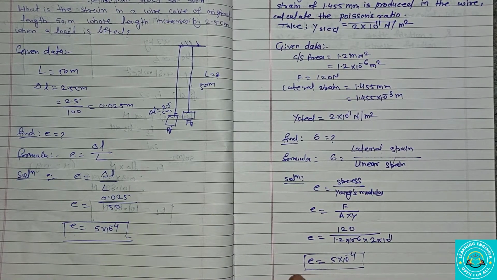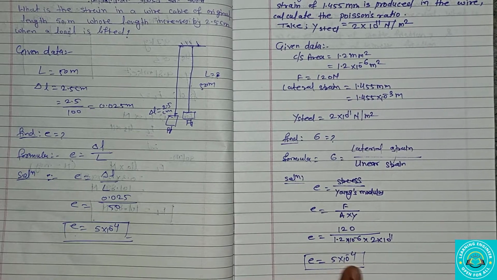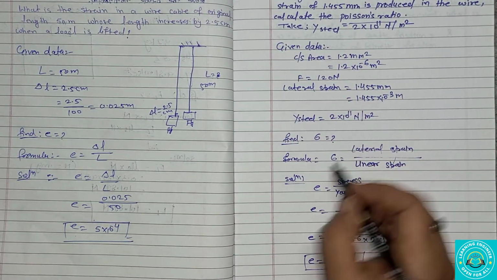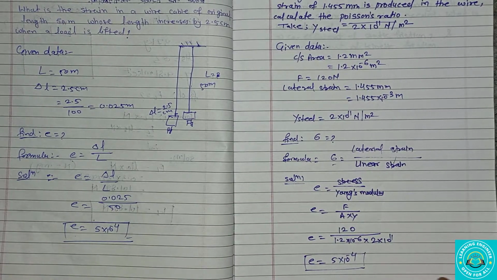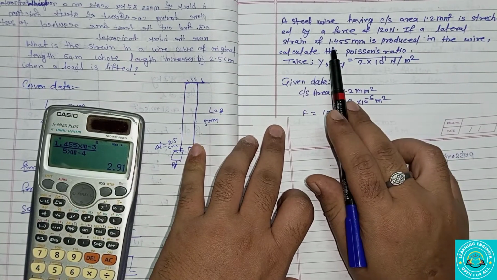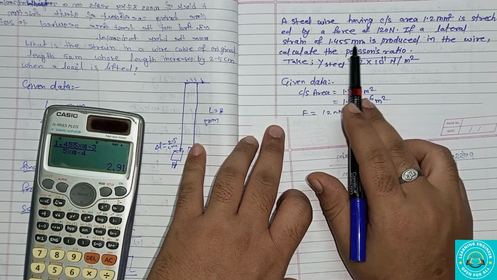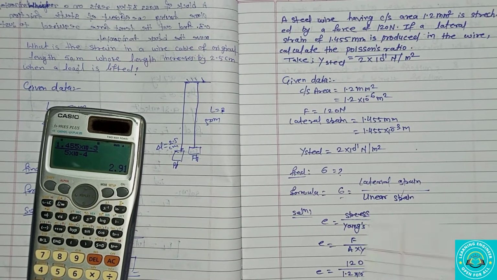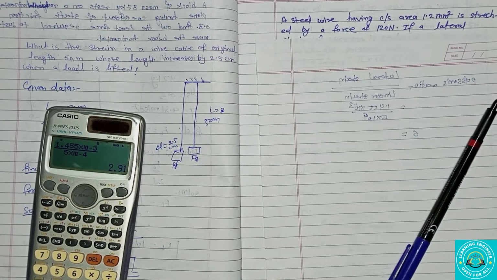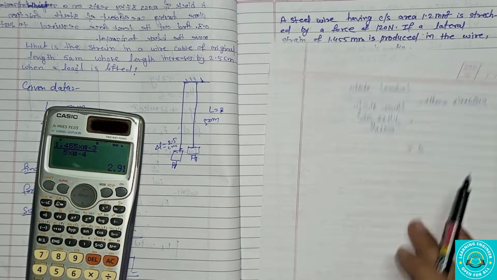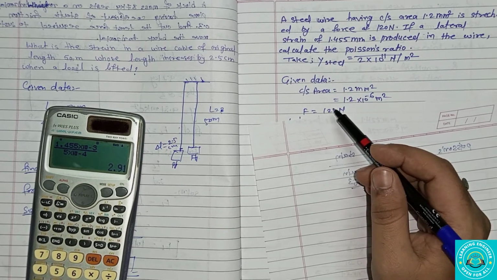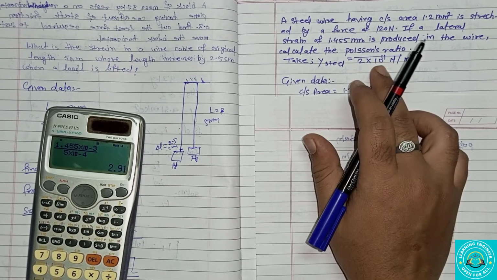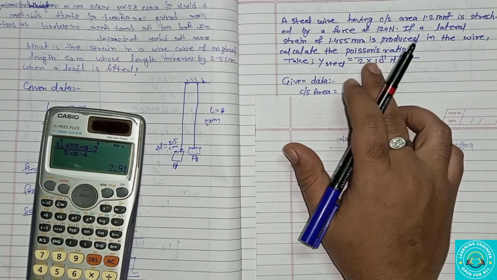Now I got linear strain, that is change in length upon original length, and I have a lateral strain, so I can easily calculate Poisson's ratio. I have a lateral strain, that is 1.455 mm, and the linear strain is 5 into 10 raised to minus 4. Actually there is just some typing mistake in your textbook from where I'm taking this numerical.